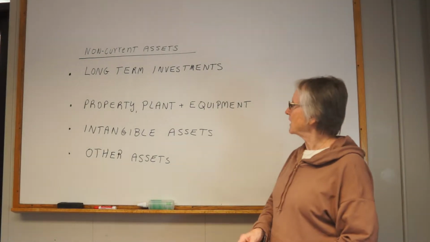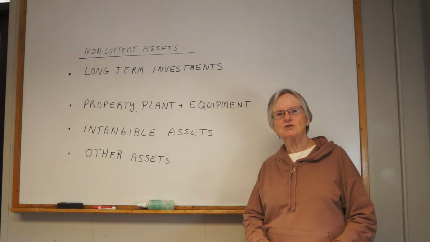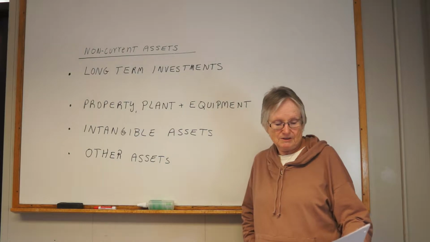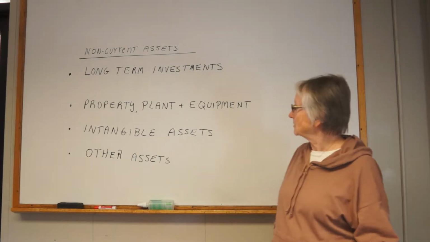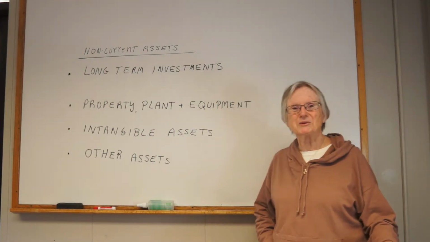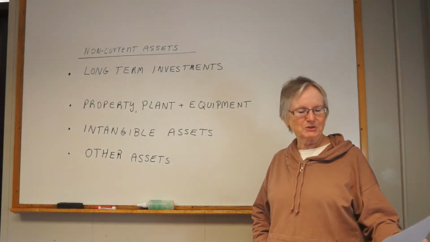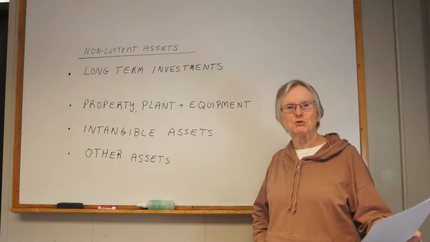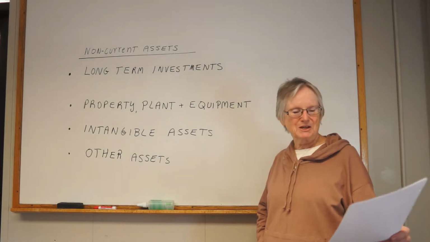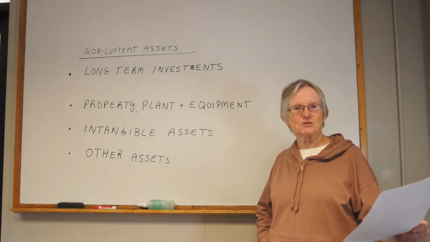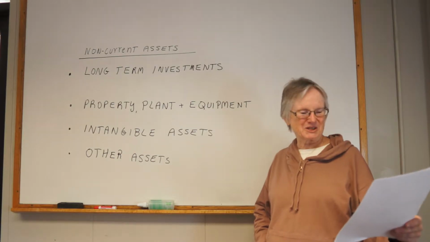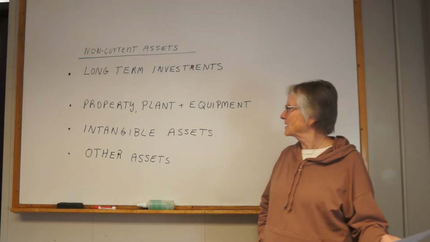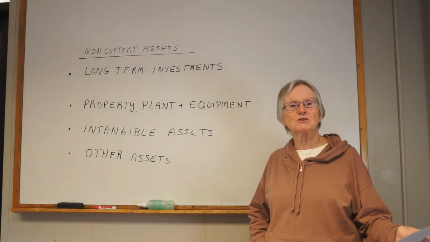Property, plant, and equipment has to be used in the operations of the company. They're often the primary revenue generating assets. So this is your buildings, furniture, equipment, things that you are familiar with, plus the timber tracts, the land improvements, natural resources, oil wells, various things like that. A lot of times they'll be reported at a single amount, but there have to be supporting schedules.